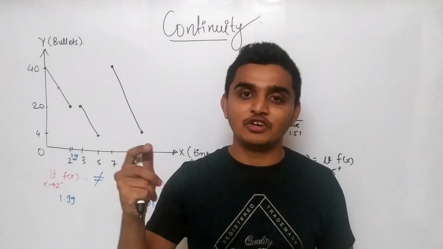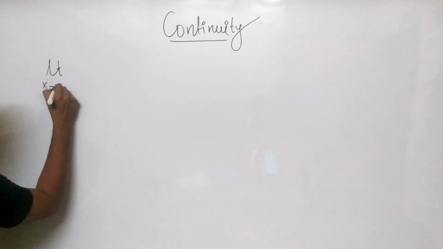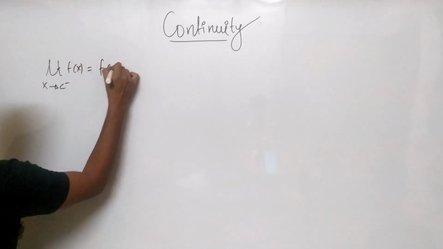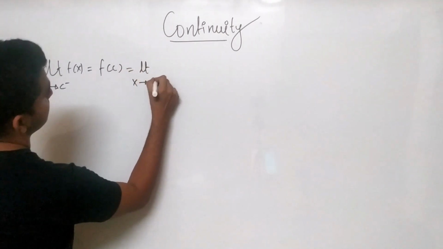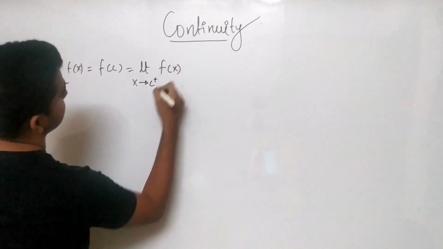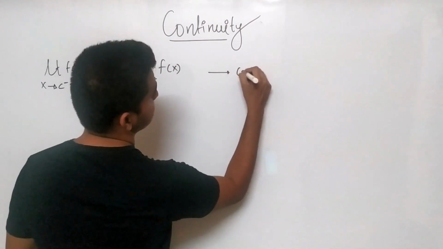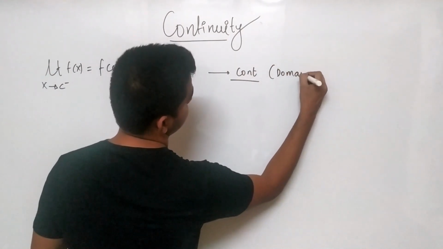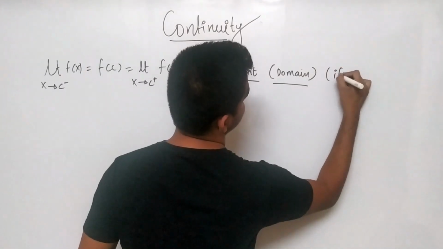We'll make sure that we have clear concepts of what continuity and discontinuity are before moving on to different types of discontinuity. When the limit as x tends to c from the negative side of any f(x) is equal to f(c), which also equals the limit as x tends to c from the positive side of f(x), if this condition is satisfied, then the graph is continuous over that domain, if given.